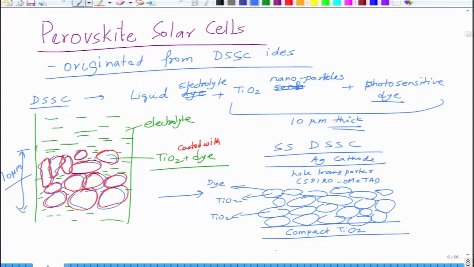Okay. And this is in contact with the anode, which is, let us say, FTO, fluorine-doped tin oxide, and this was on glass.